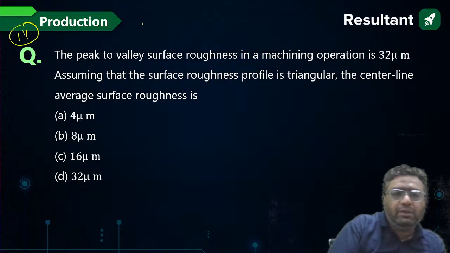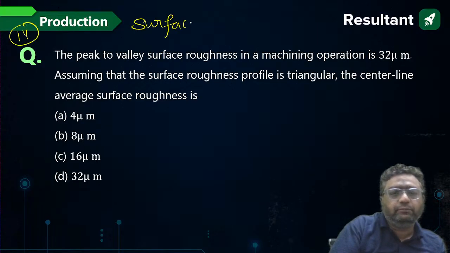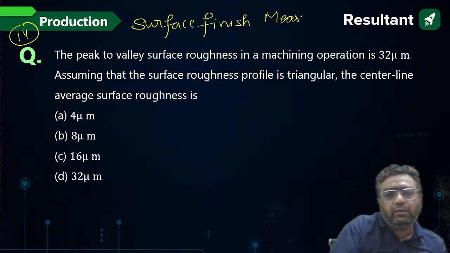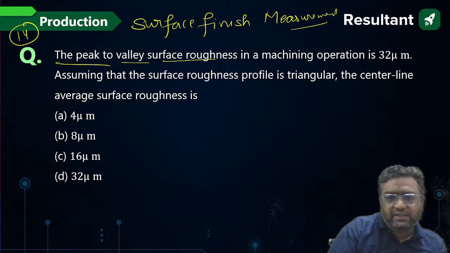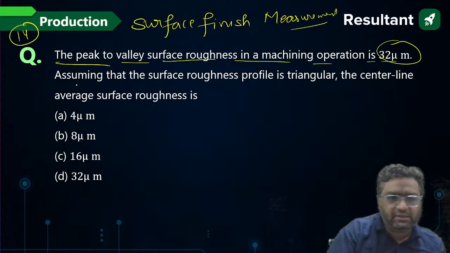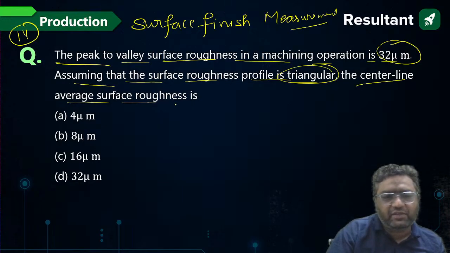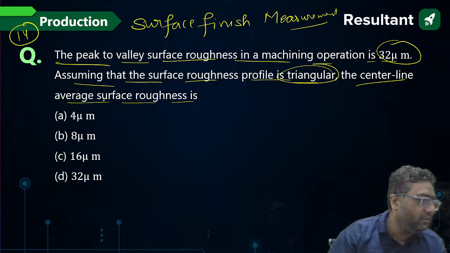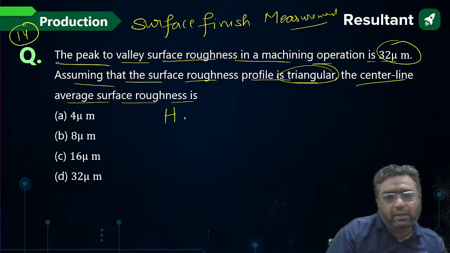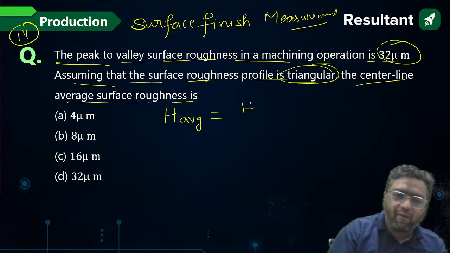Moving to question number 14. Once again, this is from surface finish measurement. The peak to valley surface roughness in a machining operation is 32 micrometers. Assuming that the surface roughness profile is triangular, the center line average surface roughness is? What would be the answer? If you remember, average surface roughness is defined as maximum surface roughness divided by 4.